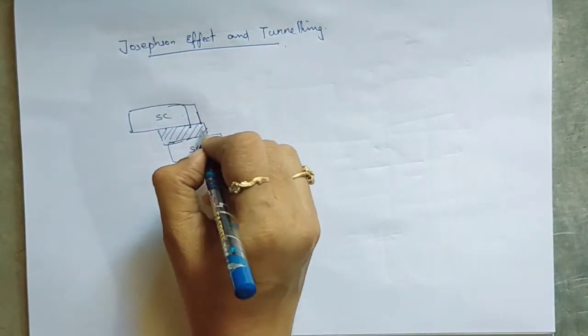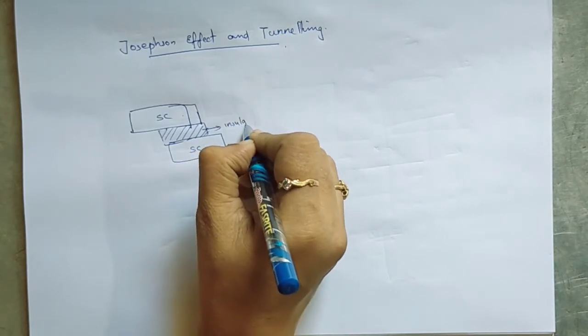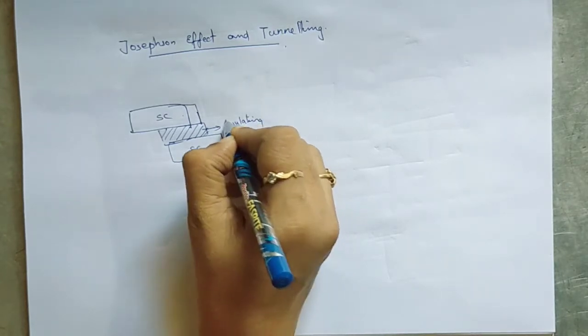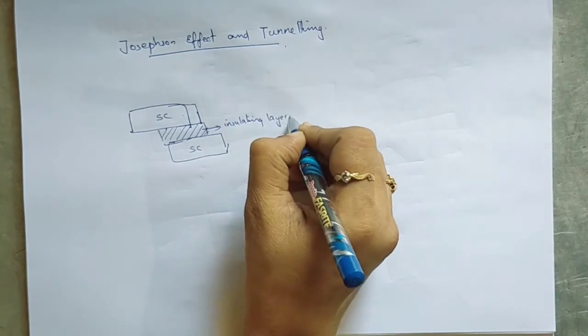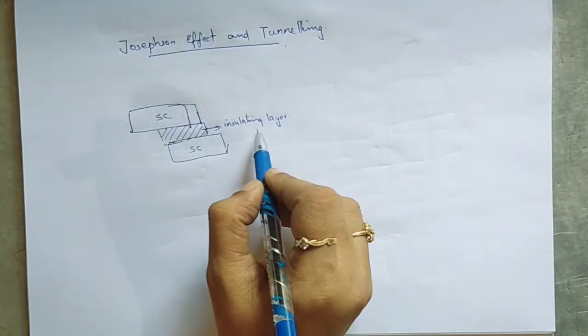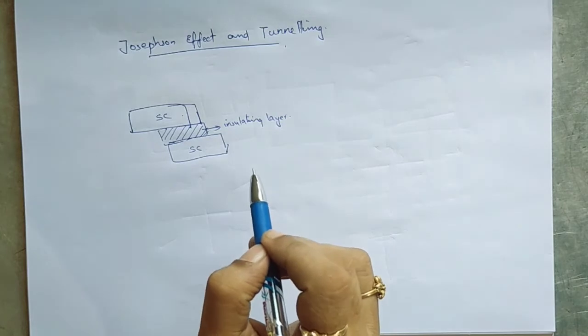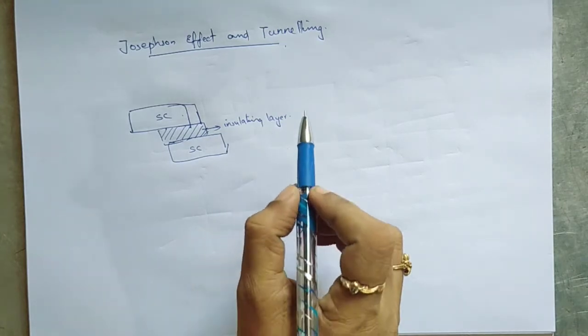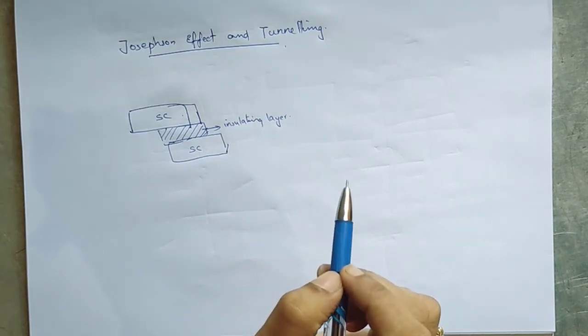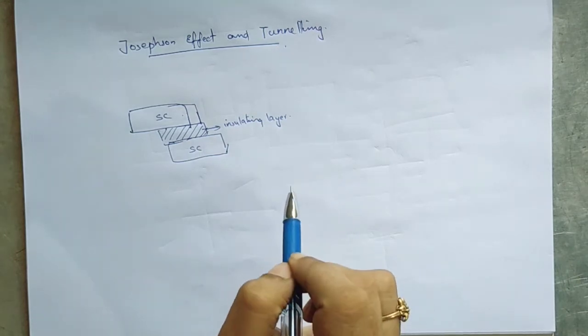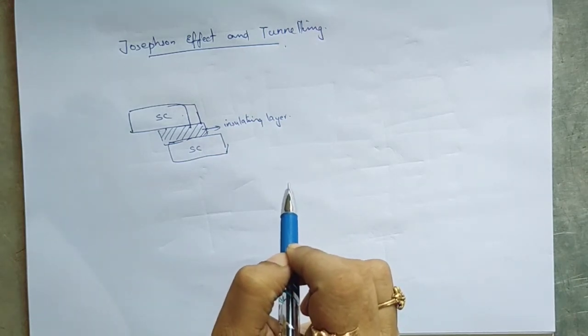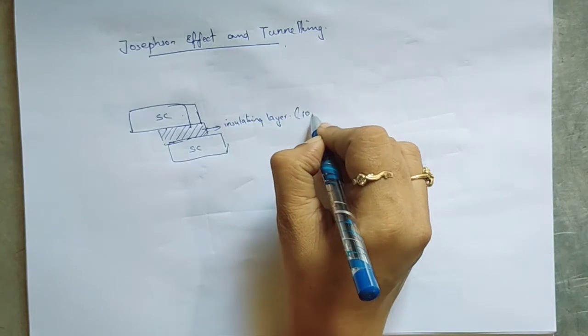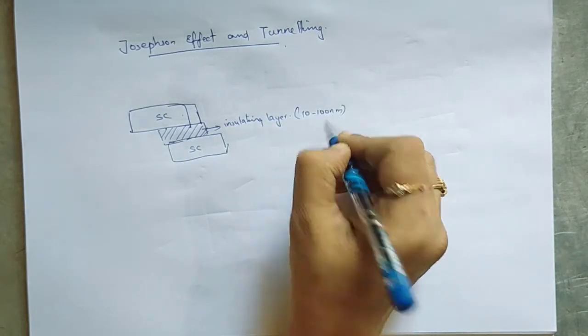This is the insulating layer. The thickness of the insulating layer is of the order of the superconducting coherence length, that is approximately 10 to 100 nanometer.